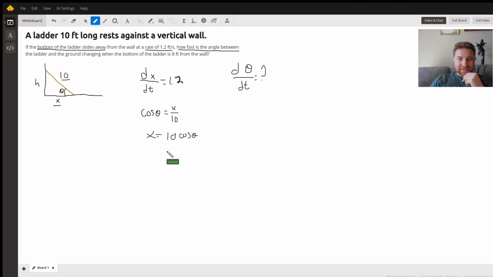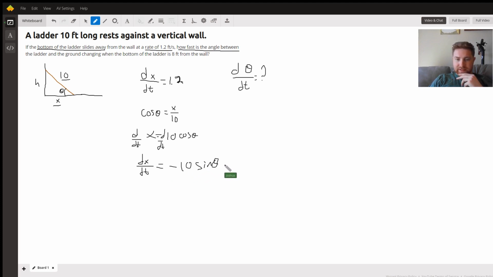All right, now using some calculus, we can take the derivative of both sides with respect to t. So d/dt and also d/dt. The left side is just going to be dx/dt. And the right side is going to be negative 10 sine of theta.